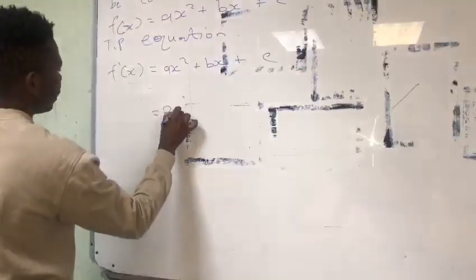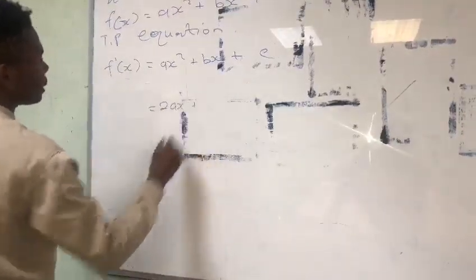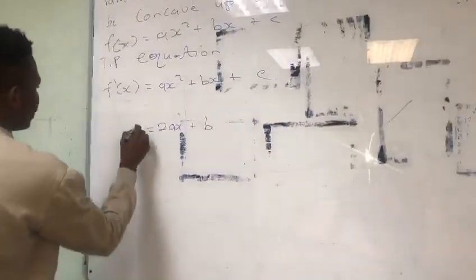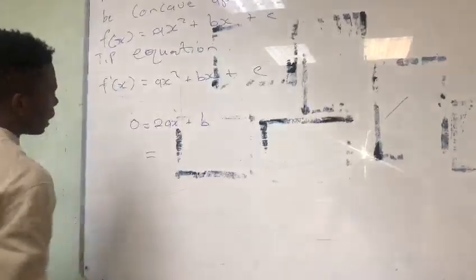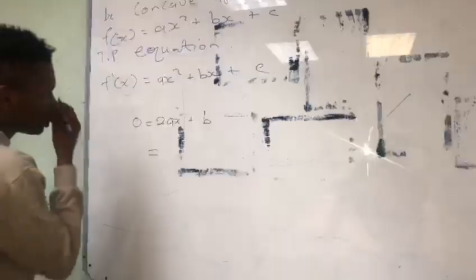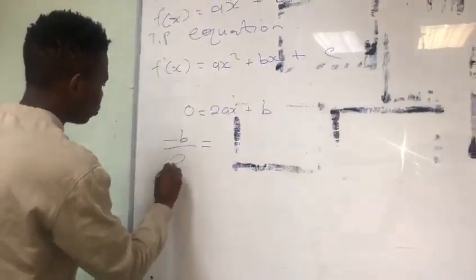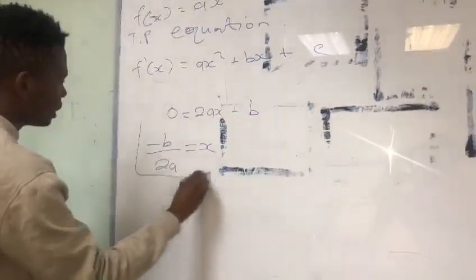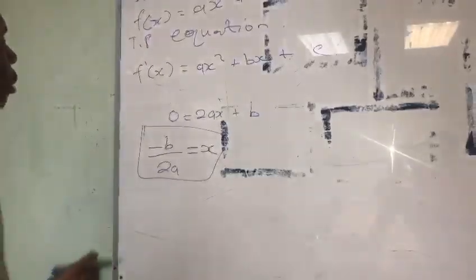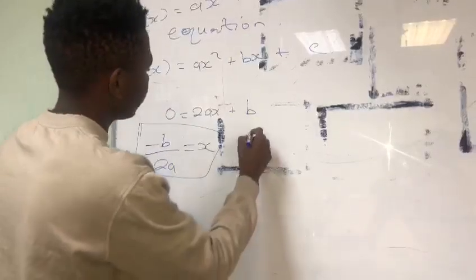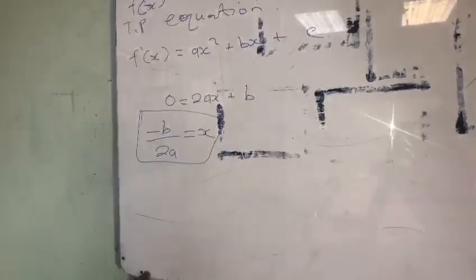The derivative will be 2ax plus b, ne? The derivative of c is 0, ne? Then here we put 0. Then we make our x the subject of the formula. It will be minus b over 2a. This is our turning point equation if we want to find a turning point coordinate, right? That is how it was derived.